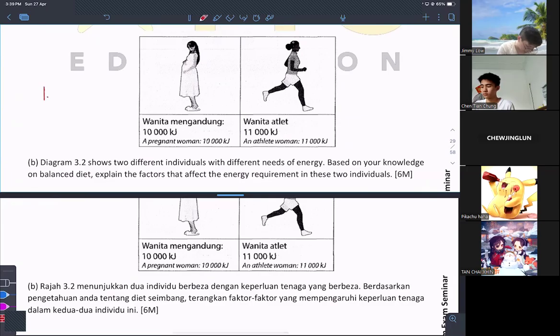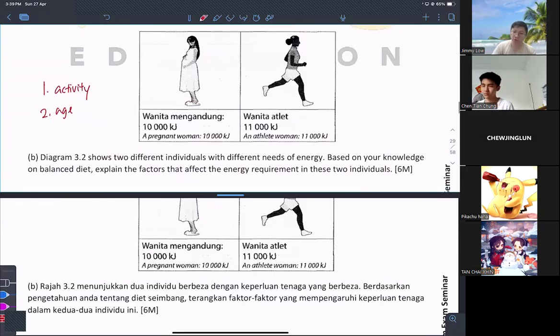One, physical activity. Okay, the physical activity. You explain physical activity, you need a lot. Besides physical activity, you can say age. Even though they didn't mention it, age matters.